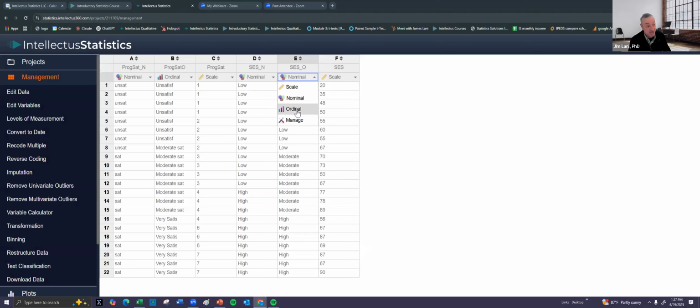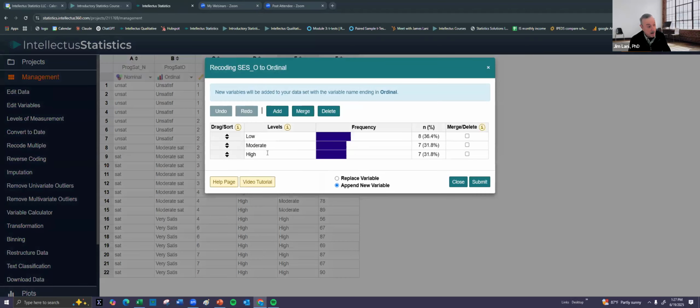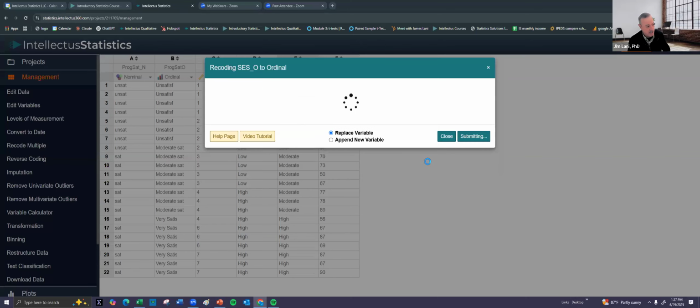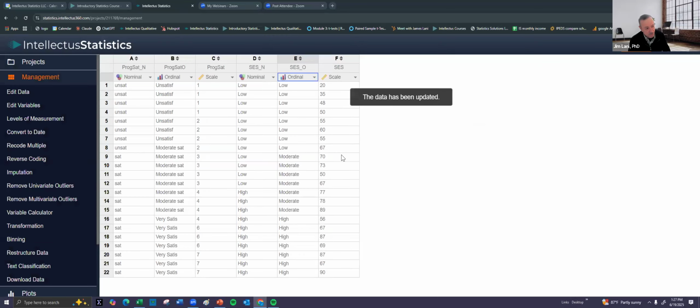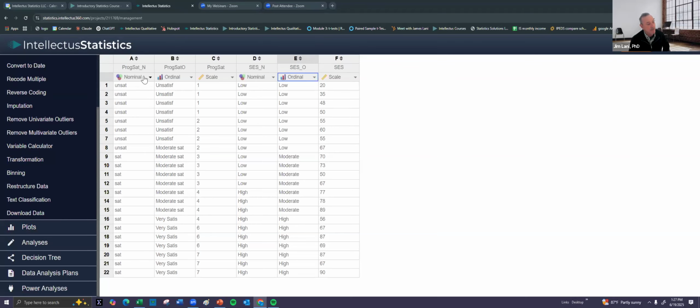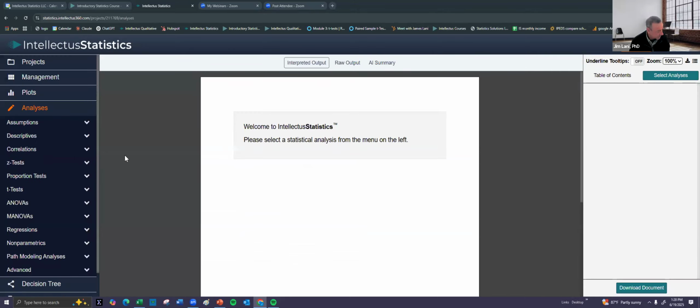SES with low, moderate, high is labeled and ordered, or just a straight up number. Here comes the real test. Remember, we have program satisfaction as nominal, ordinal, and scale, and we have SES as nominal, ordinal, and scale.